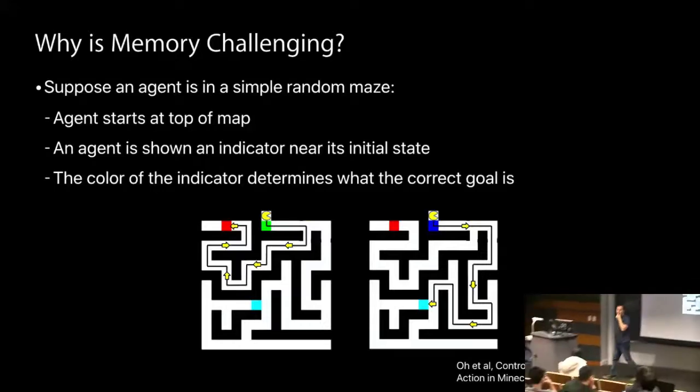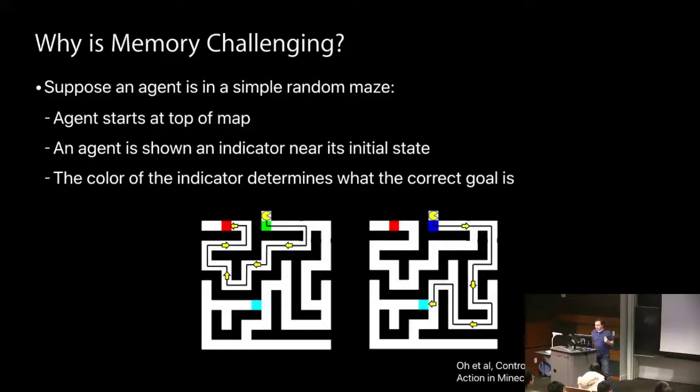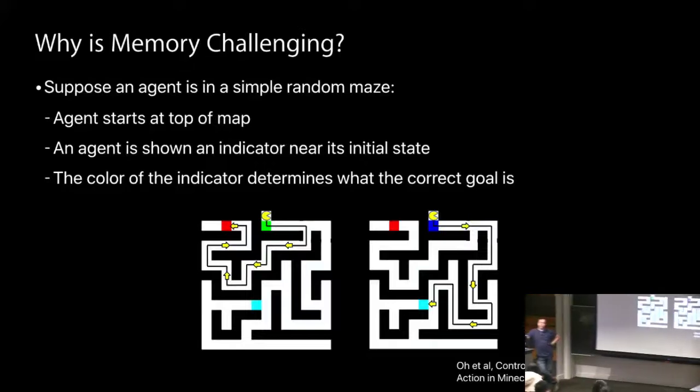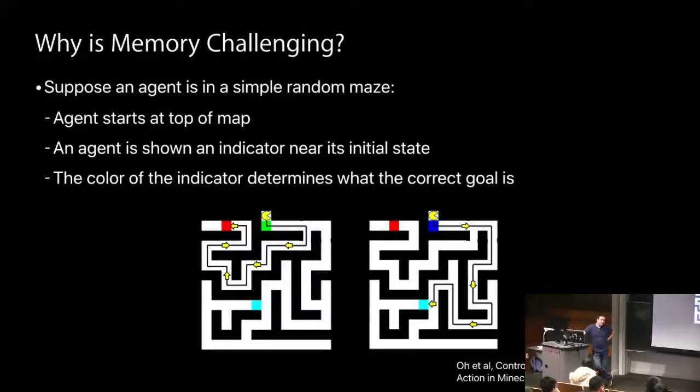Now the challenge is that the time it takes you to travel from seeing the indicator to the goal could be arbitrarily large. That's where the problems come in, because standard systems like LSTMs and recurrent networks are not very good at maintaining or storing information over long periods of time.